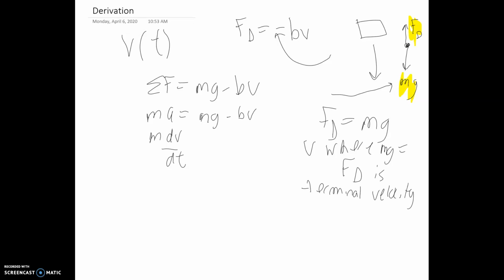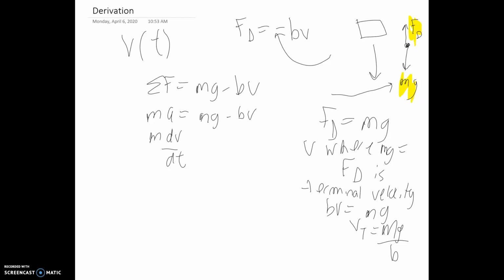In this case, it's going to be bv equals mg. So the terminal velocity is going to be mg over b. Remember, b is just some constant that describes it. The bigger that constant is, the more force there is at a certain velocity. So again, that's all we've got there.